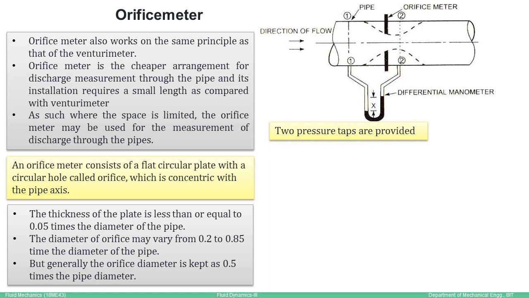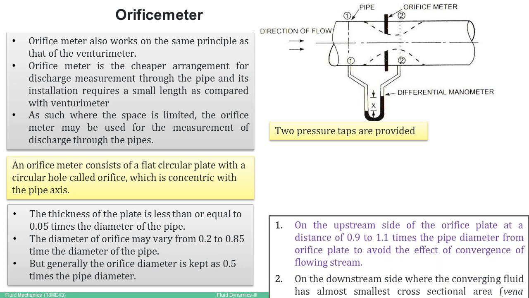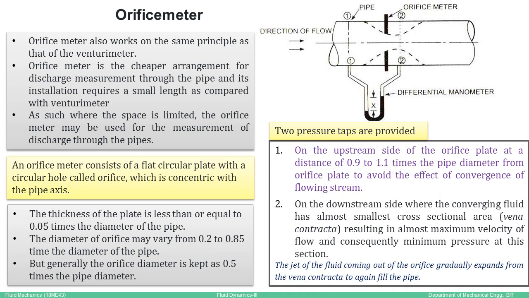Usually you can see the two pressure tappings, in this case one at section 1 and the other at section 2. Section 1 is some upstream section, which is not influenced by the obstruction, whereas this convergent side, Section 2, is exactly taken at the vena contracta.